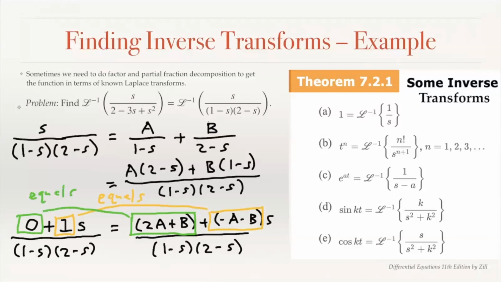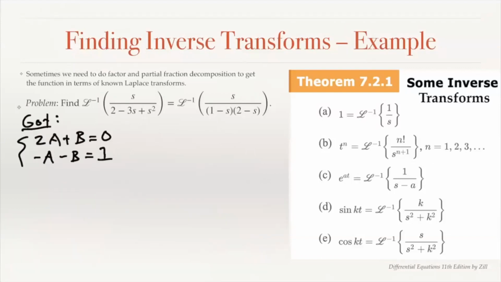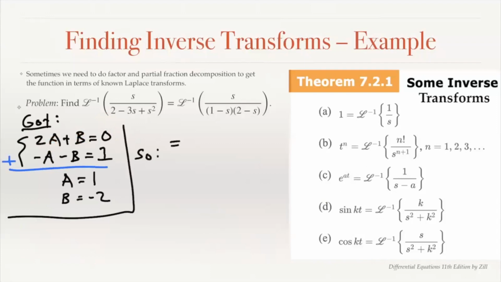So we have a system of equations with a and b, and then we can solve the system by, for example, adding them together. And we get that a is 1, and therefore b, which is negative 2a, is negative 2. So therefore, this is the same as the inverse transform of 1 over 1 minus s plus negative 2 over 2 minus s.